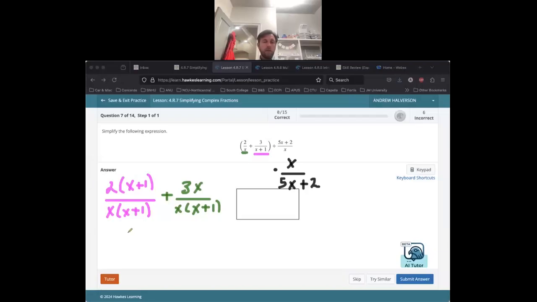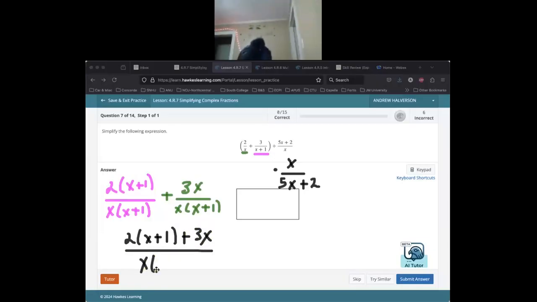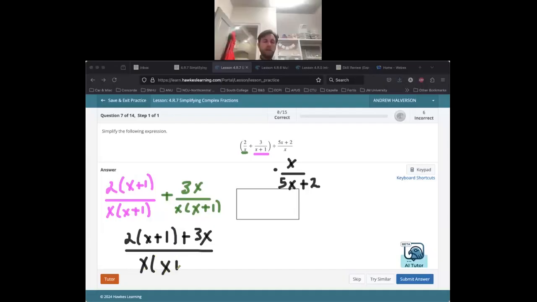Now, 2x times 1 plus 3x, all of that over x times x plus 1. Okay, so that's what this is up here. All we did is add the fractions by getting common denominators.